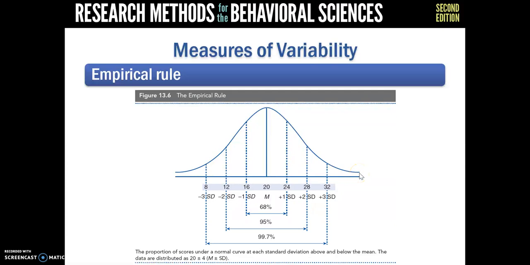So we are saying that within 2 standard deviations, 95% of the population lies in between. Anything out here only represents 2.5% on this side, and another 2.5% on the other side.